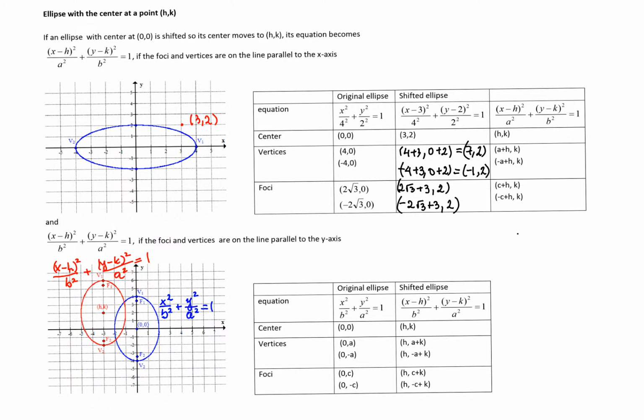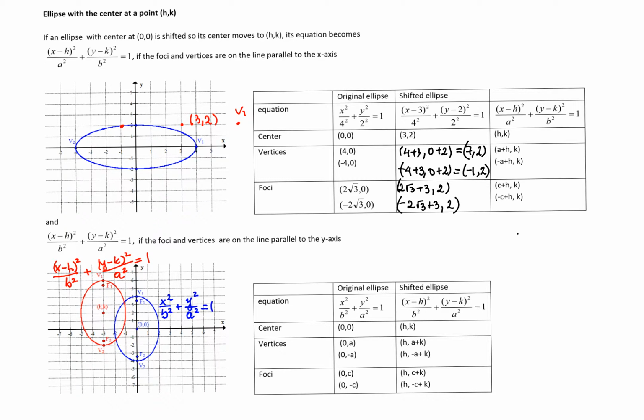Let's draw the shifted ellipse. The points are moving 3 units to the right and 2 units up. So this would be vertex 1. Vertex 2 is going to go 3 units to the right and 2 units up.